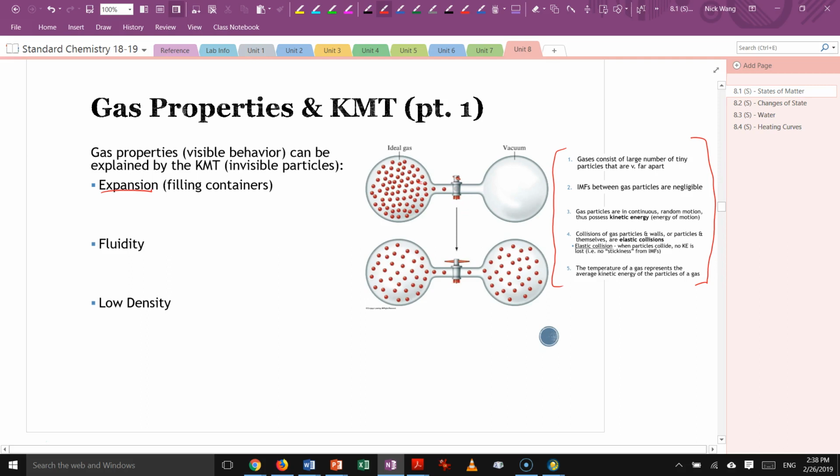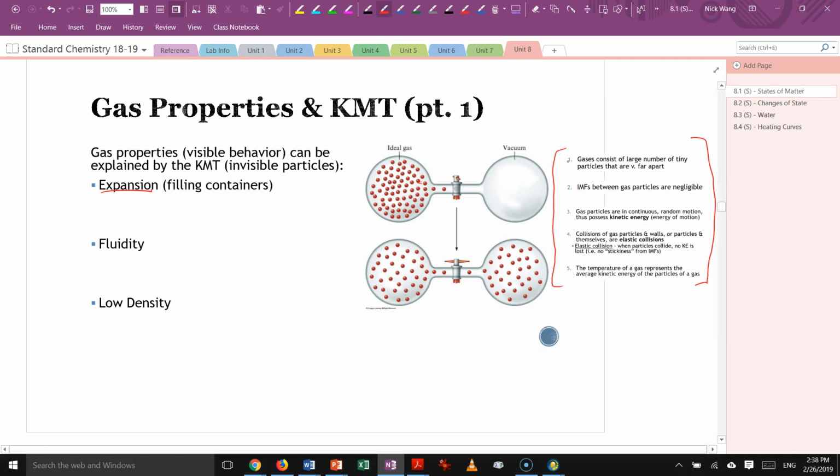But the second you open up the stopper, the gases, in their constant random motion, this kinetic energy, will allow them to bounce around and eventually start to fill up this space over here. This one's completely empty to start, and so when you have this open, it's the constant random motion that'll fill it up. So that's the main part of how expansion works.